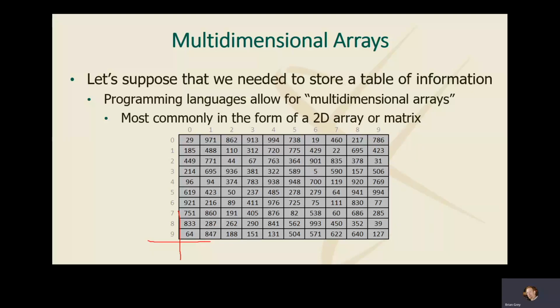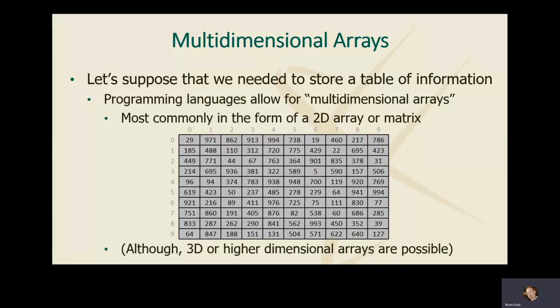Well, this is why. It should be noted as well that three-dimensional or higher arrays are possible. So I've definitely used three-dimensional arrays, and I think I might have even used a four-dimensional array once. We can think of three-dimensional arrays conceptually as basically, okay, now I've got a bunch of these tables, right?